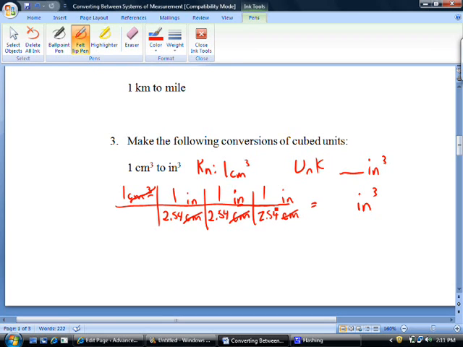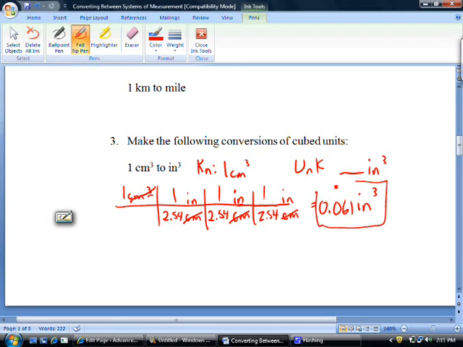To solve this problem, I end up doing 1 divided by 2.54, divided by 2.54, divided by 2.54, and I get 0.061, and what we'll find out is eventually we would just round that to 0.06 cubic inches.